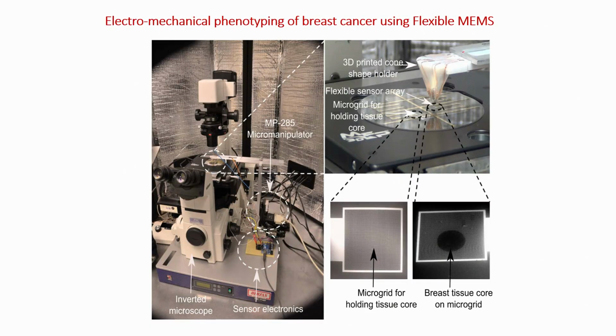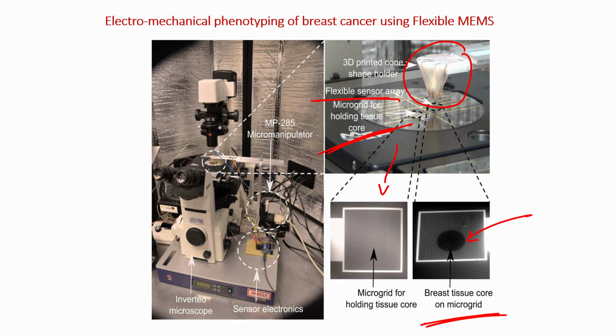We have a 3D printed cone right over here, and we have attached the flexible sensor onto the 3D printed cone. At the bottom, which you can see here, there is an electrode or a microgrid for holding tissue, and this is the image where we can see a breast tissue core on microgrid.